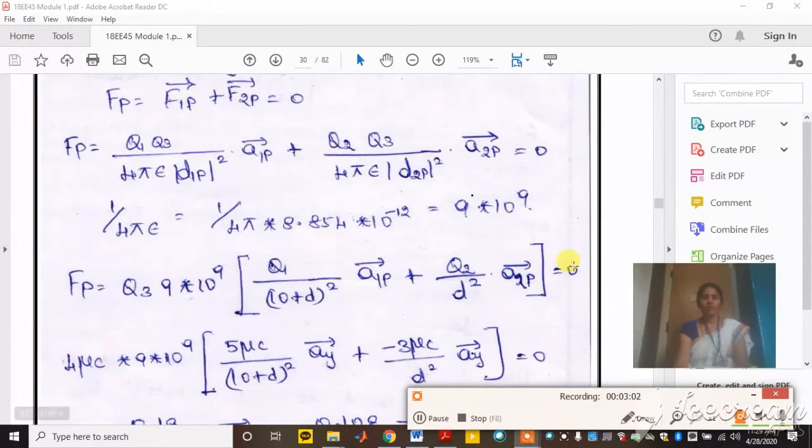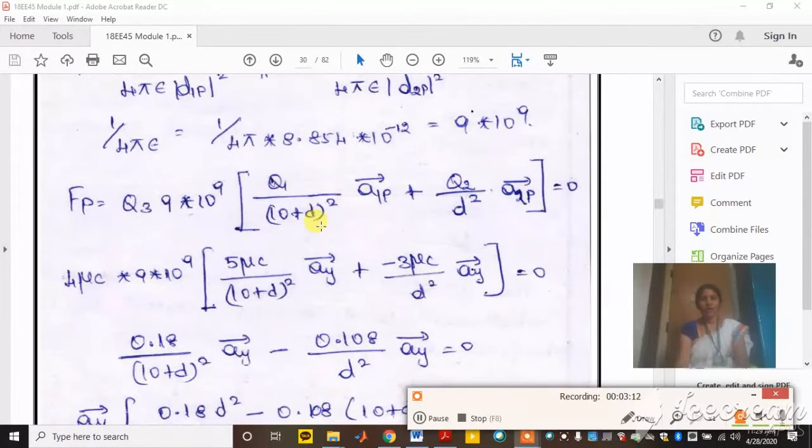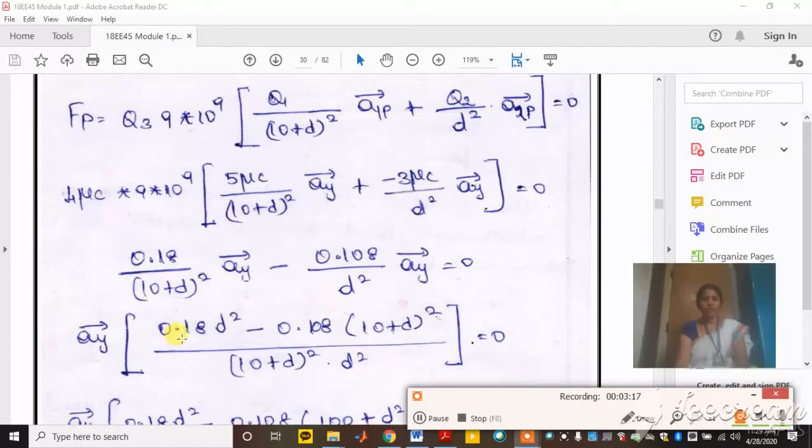Here the total net force acting at this point is equal to 0, so equate it to 0. When you take this term to the right-hand side, it is going to be 0, and we have to take the LCM. After taking the LCM, we get 0.18 d square minus 0.108 (10 plus d) the whole square is equal to 0.